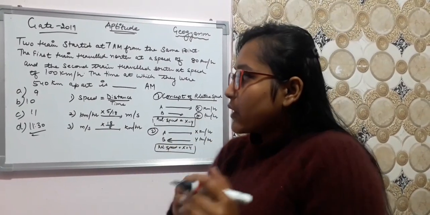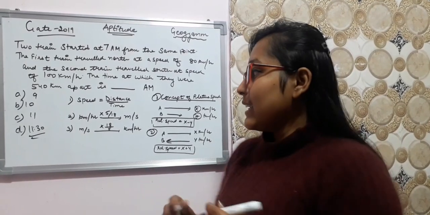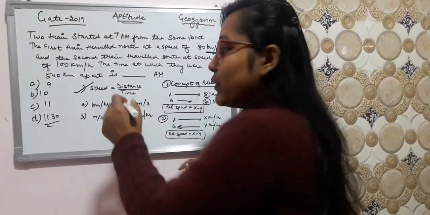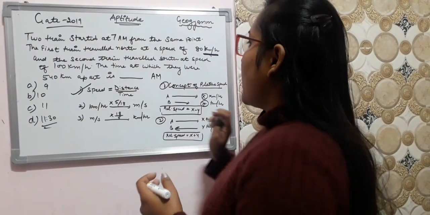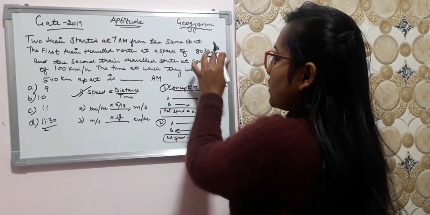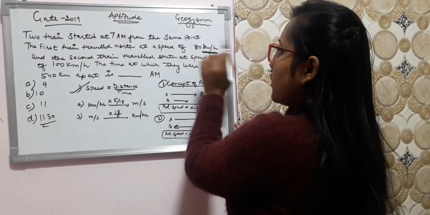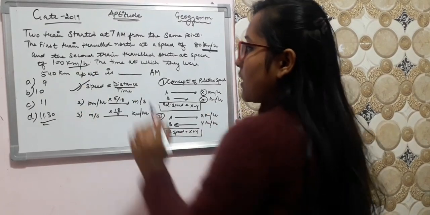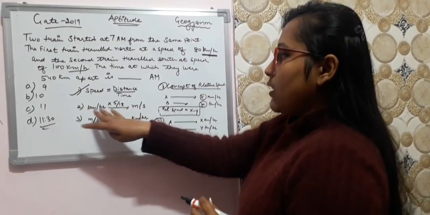So before going into that, first I will tell you about some concepts for the train. Speed is equal to distance upon time. This you all know. We will use this over here, and we will check whether both units are the same or not. So this is kilometer per hour, this is kilometer per hour, and if not, then we will convert these values.